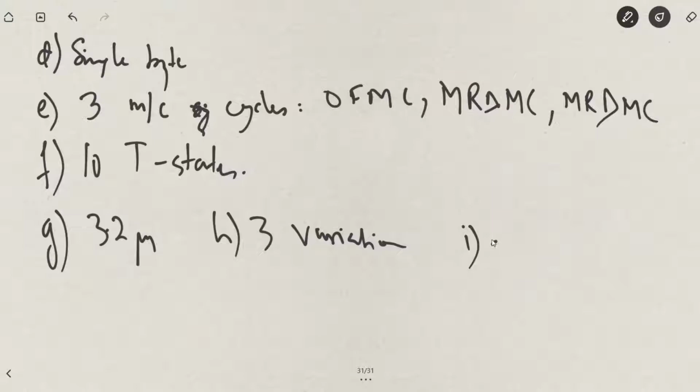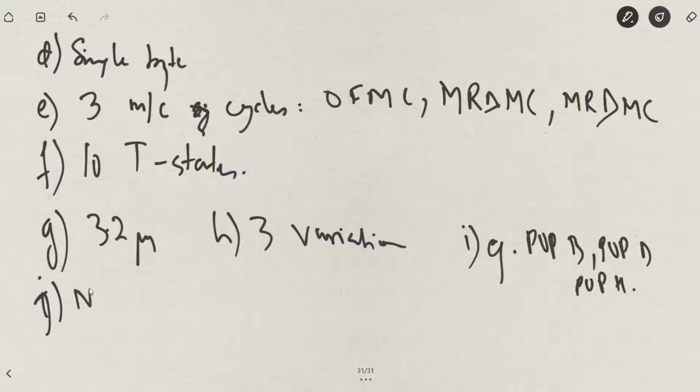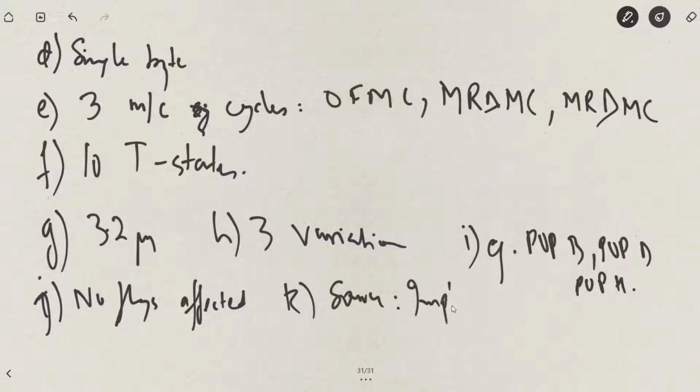As far as the examples go, you have pop B, pop D, pop H. These instructions retrieve back the data, and no flags are affected. As for the addressing mode, the source is implied by the instruction, that is the stack pointer in this case, and the destination is a register pair, so the destination addressing mode will be register addressing mode.